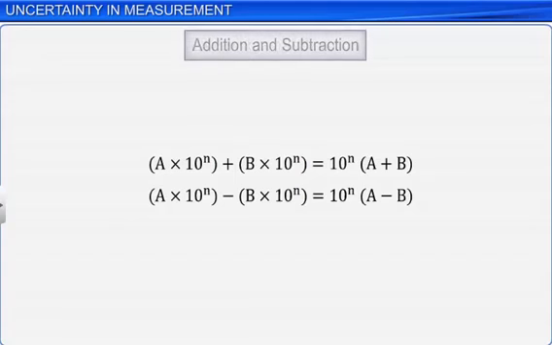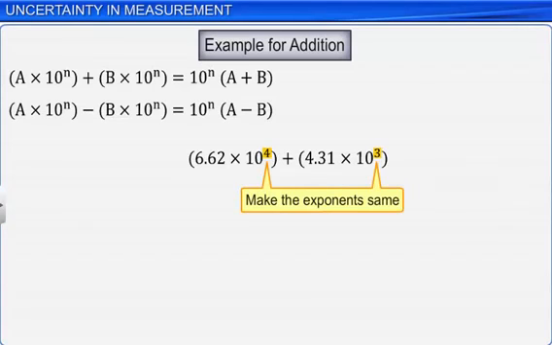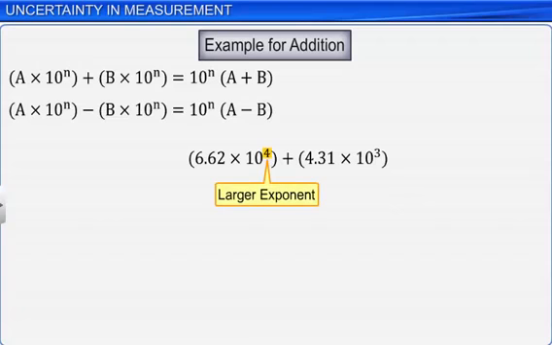For example, in this equation, one exponent is 4 and the other is 3. Therefore, in order to add the numbers, first we have to make the exponents same. As 6.62 has the larger exponent, that is, 4, we have to convert the exponent of 4.31 to match the larger exponent.